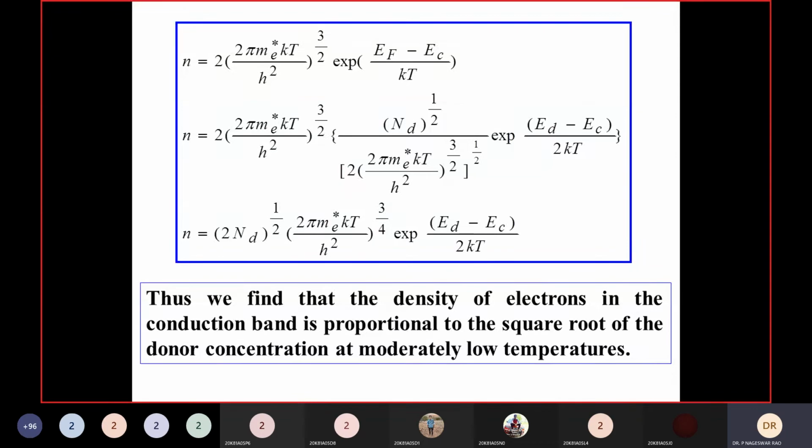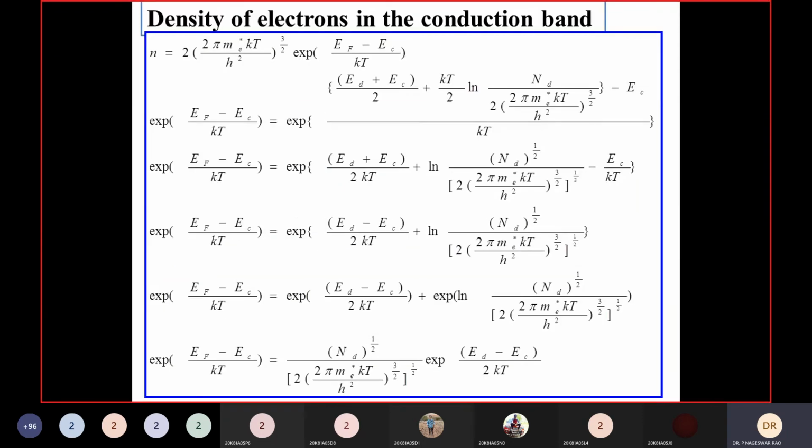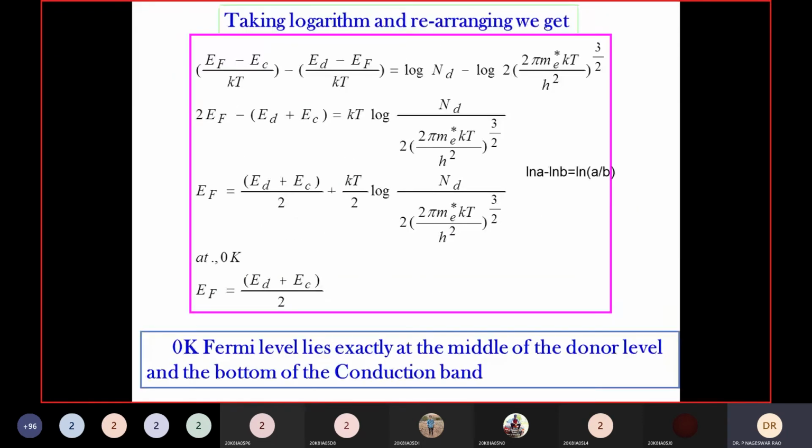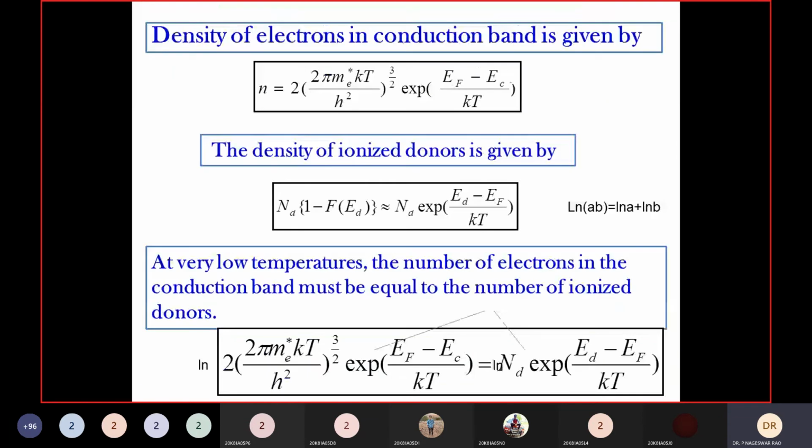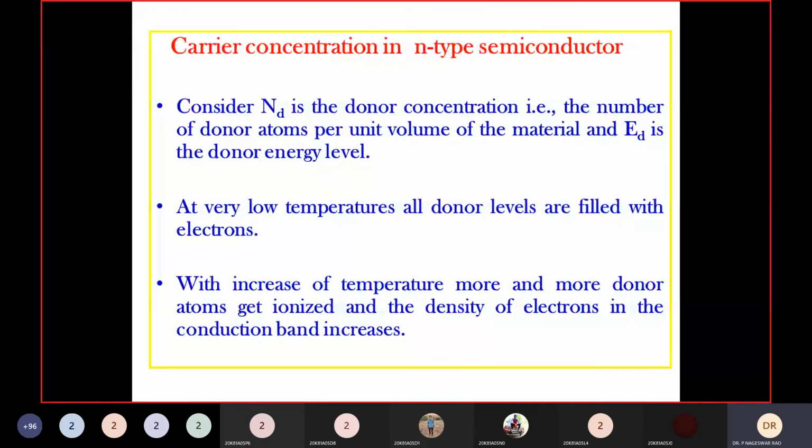Simply, to derive the carrier concentration of an n-type semiconductor, first we take the donor level, where ND is the donor concentration or density of donor electrons. Now we are taking not high temperatures, but moderately low temperatures.